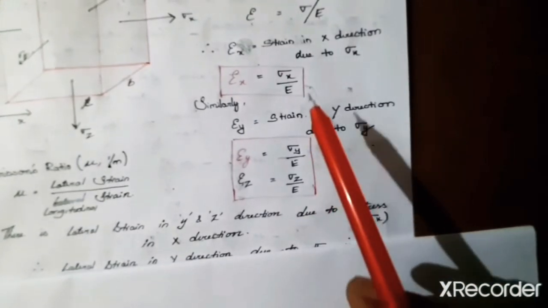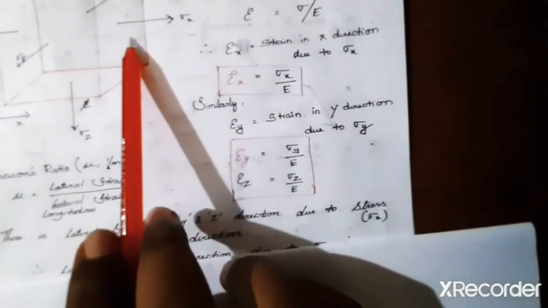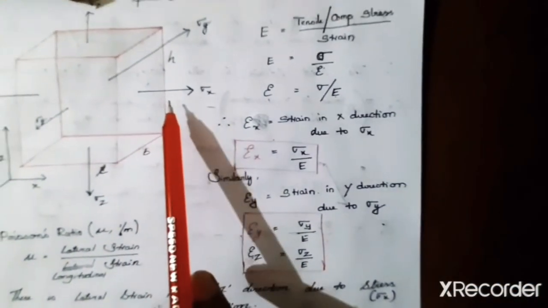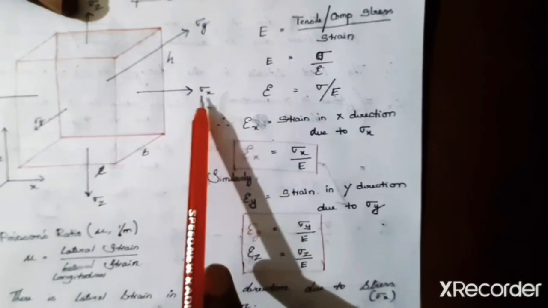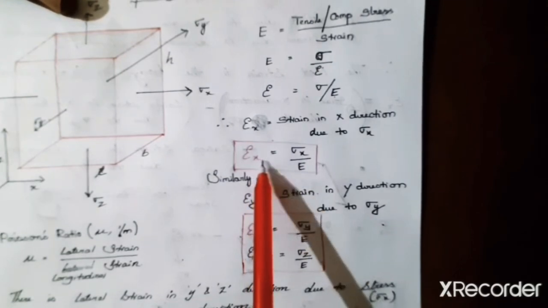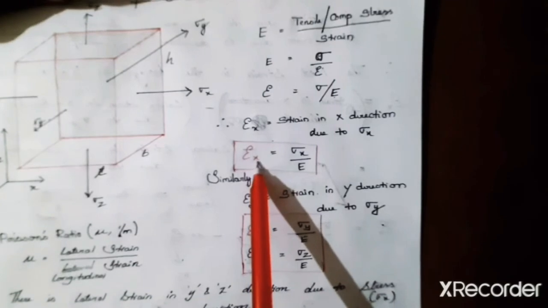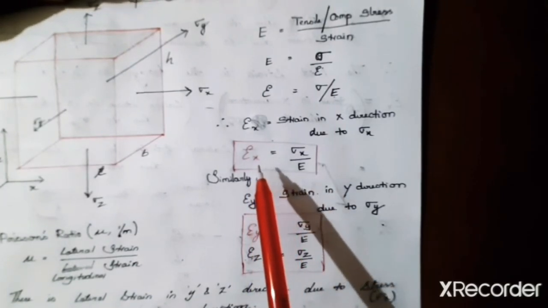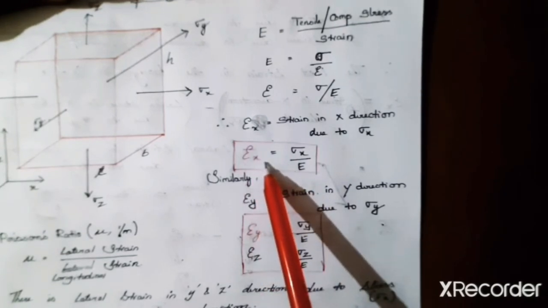So if you see here, sigma x is the normal stress acting on this face, isn't it? So the strain that is caused in the x direction because of this sigma x is nothing but the longitudinal strain in x direction. The strain in the direction of the load is called longitudinal strain, and the strain that takes place in the perpendicular direction is lateral strain.